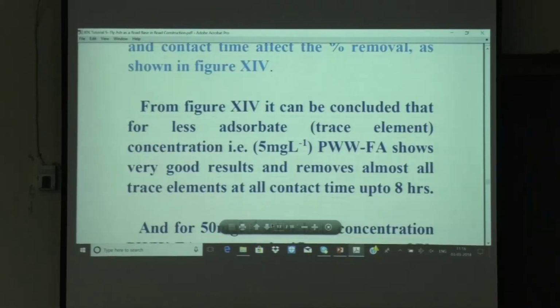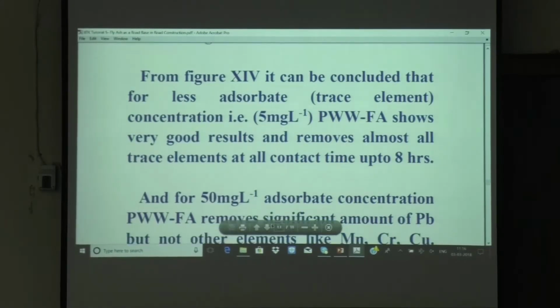all these contaminants. From the above figure, it can be concluded that for less adsorbate, which means trace element concentration, for example, 5 milligram per liter, which is quite small, PWW fly ash shows very good results and removes almost all the trace elements at contact times up to 8 hours.